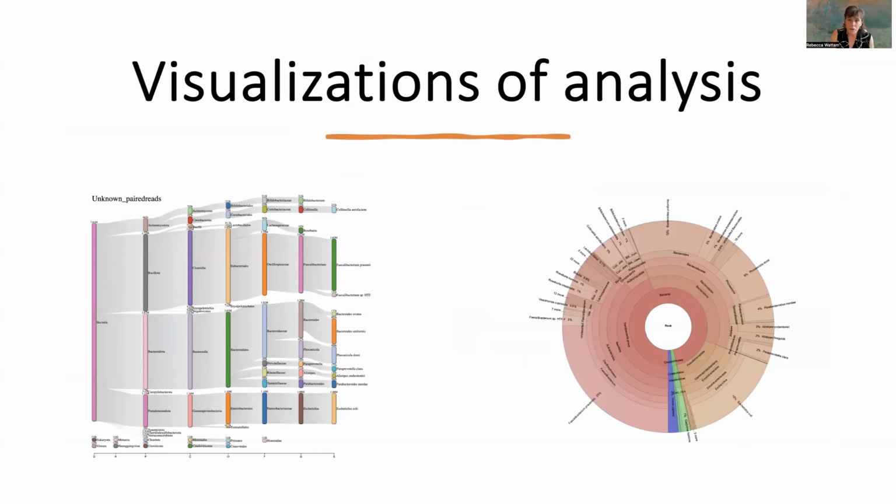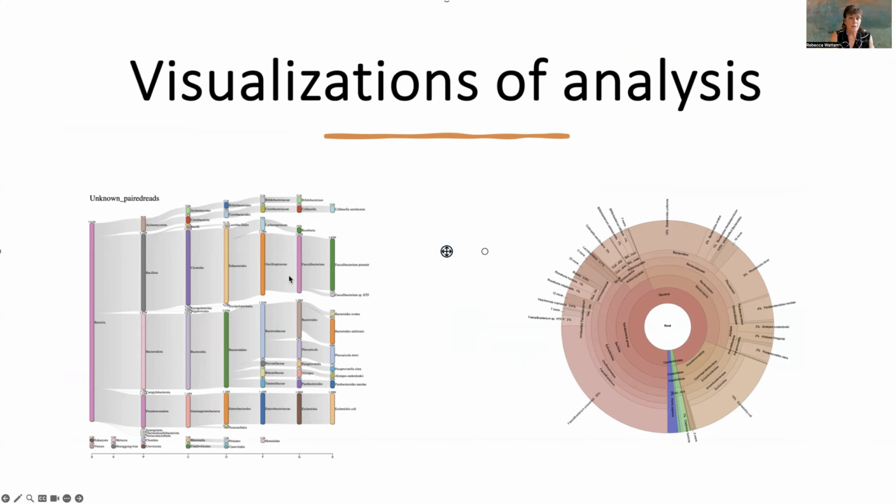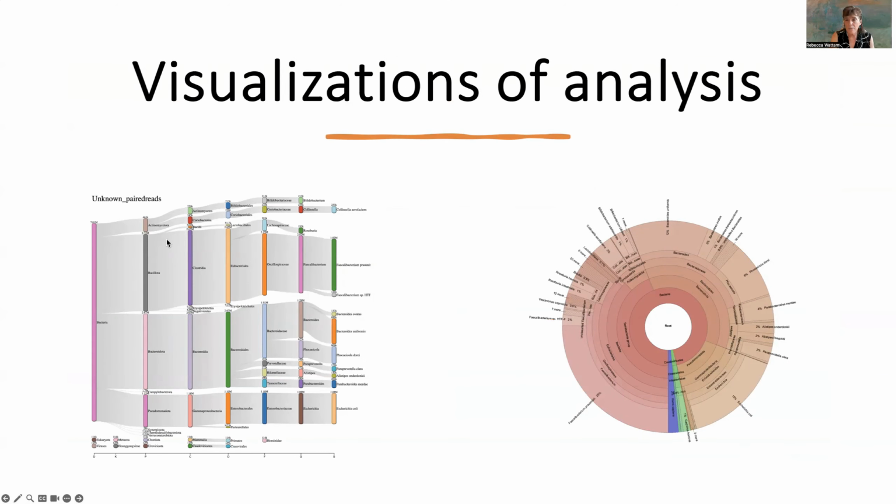So when the job returns, some of the things that are returned with every one of these jobs are the Sankey plots and the Krona plots, both of which are a really great way to quickly visualize the immensity of the data that are in these samples and to bring your eyes right away to the things that you probably need to pay attention to.